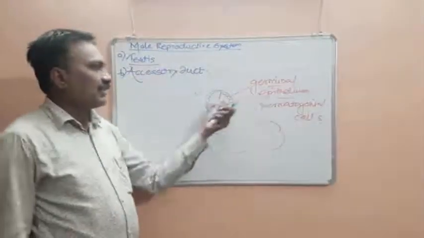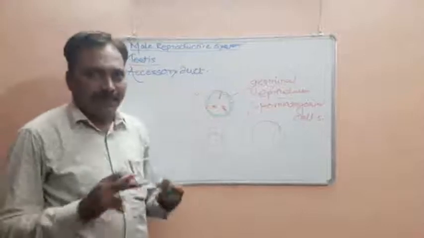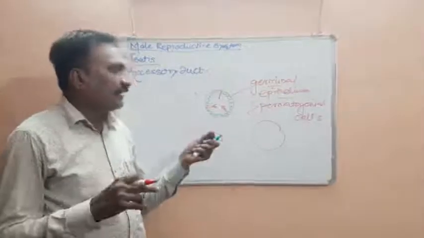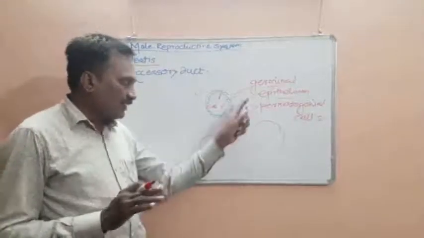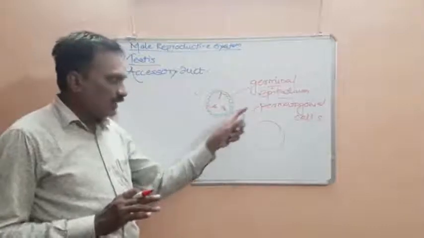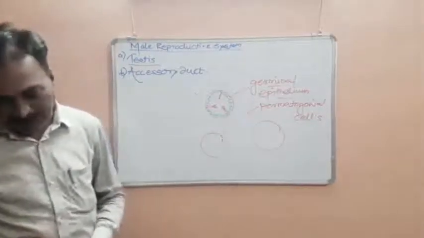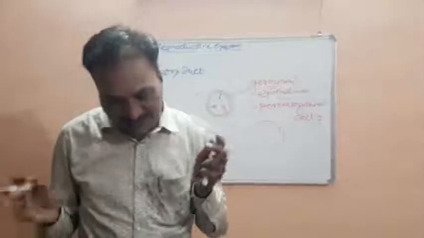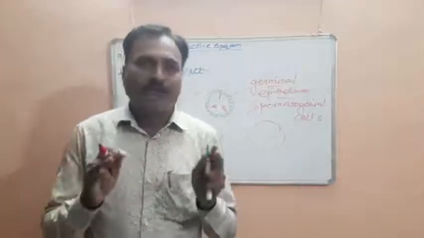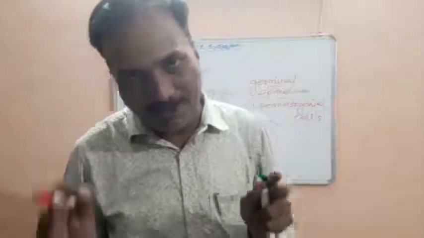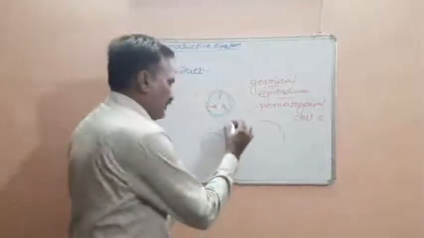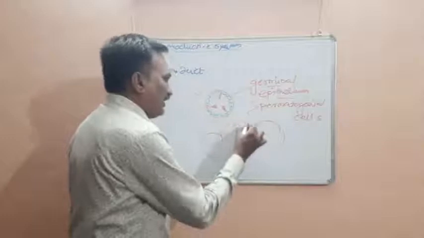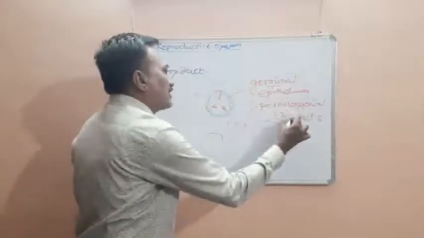The main function of the germinal epithelial cells is to divide meiotically to produce sperms, or male gametes. There are different stages of development of the germinal epithelial cells, or spermatogonial cells. These spermatogonial cells are initially diploid. They convert into primary spermatocytes, which are also diploid. After that come the secondary spermatocytes, which are haploid. Here the actual reduction division takes place.